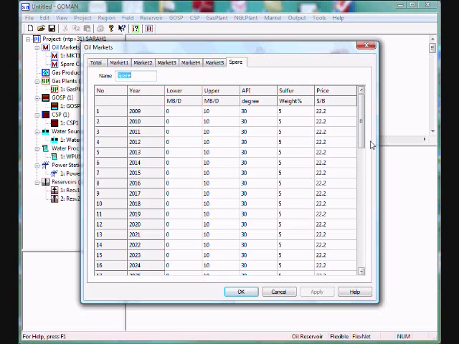In this example, the solution found by Goman will be determined by the market requirements.